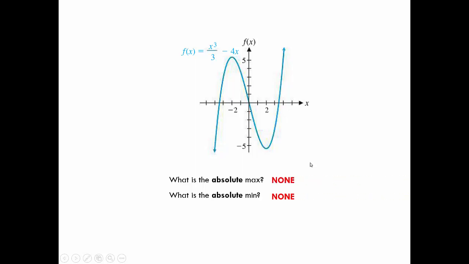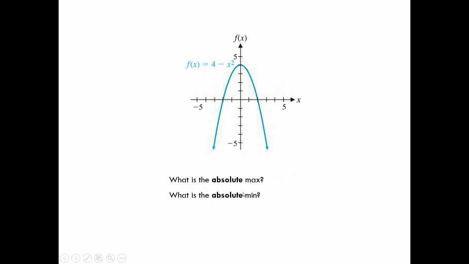You know why? Because these arrows say this goes down forever, so it never ends. There is no minimum. This goes up forever, so there is no absolute max or absolute min. However, there is a local max at f of negative 2 and a local min at f of 2.